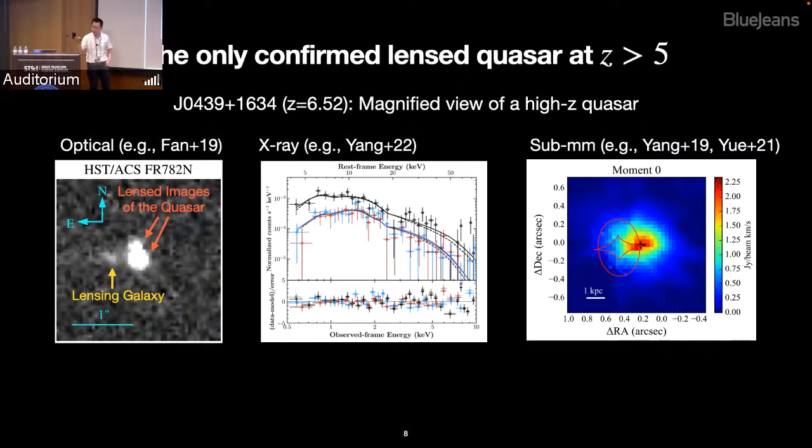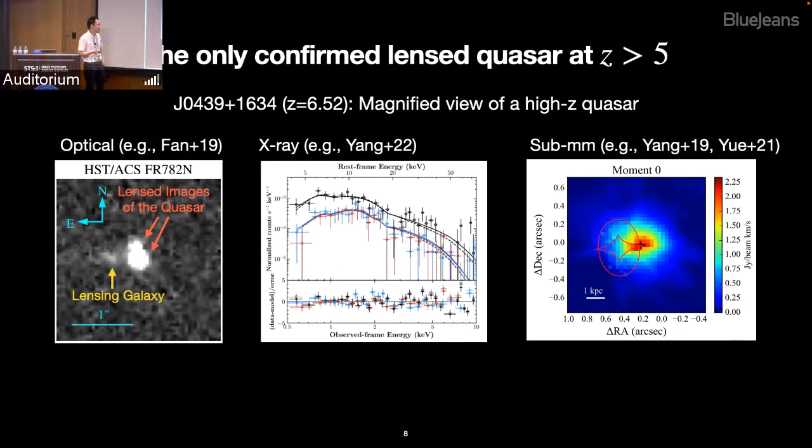For example, the CO lines that we just mentioned are usually not available for a quasar at redshift beyond 6. But for this lensed quasar, we can sample nearly the entire CO ladder. With these, we can do very detailed analysis of the host galaxy's gas content. I'm not going to go into the details of these studies, but my point is that with lensing magnification, we can do many important studies that are otherwise inaccessible.